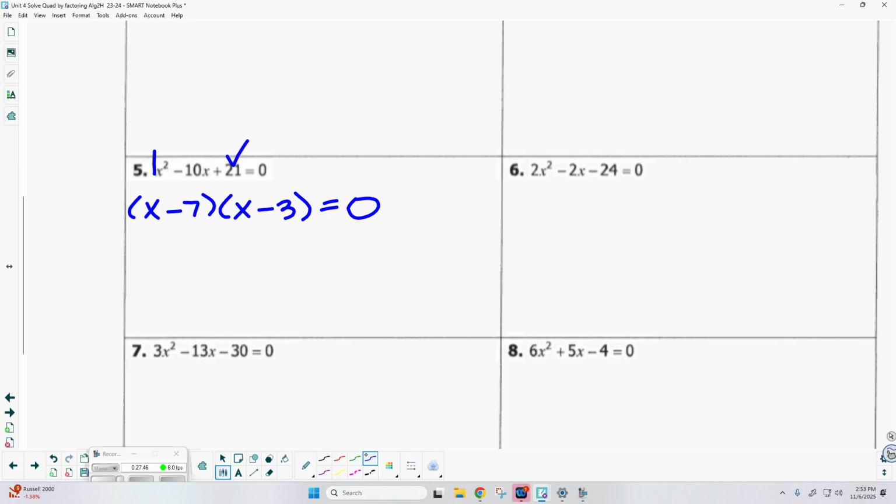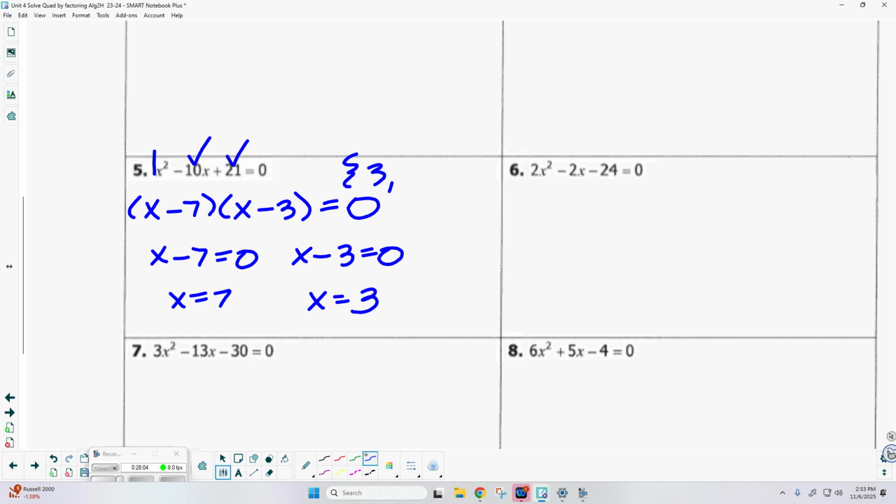Negative 7 plus negative 3, there's your negative 10. Okay. All right. Set these equal to 0. So if x minus 7 equals 0, x equals 7. X minus 3 equals 0, x equals 3. There we go.